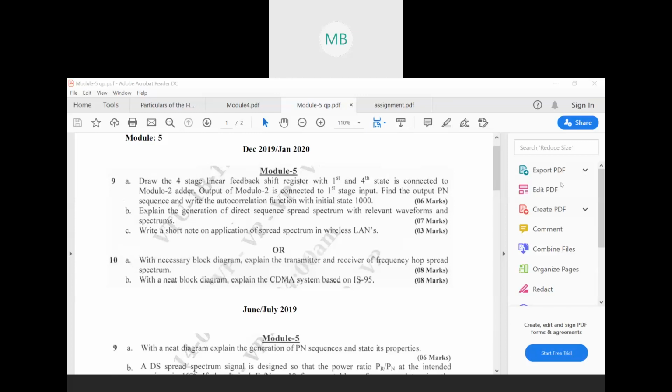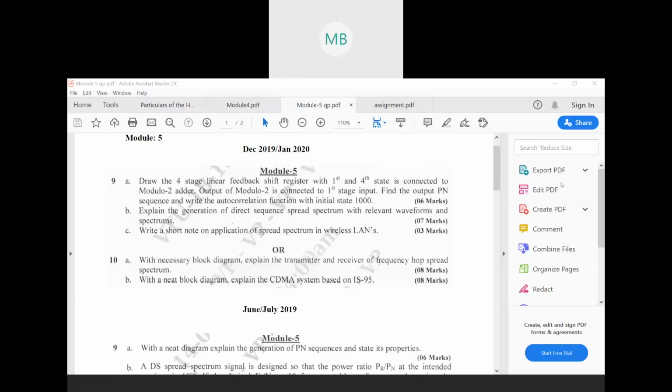In frequency hop it is MFSK. Yes. Then what about chip rate? In direct sequence spread spectrum, it is 1 by Tc, right? Yes. And in frequency hop spread spectrum, it depends whether we are using slow frequency or fast frequency hopping. So in general, it is maximum of Rs, Rh.